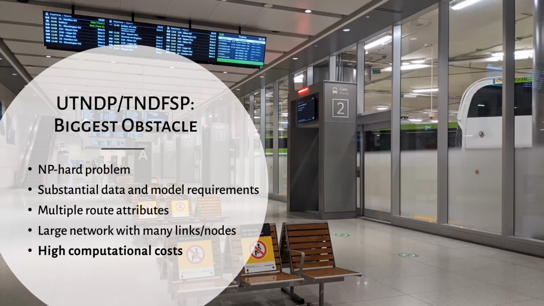Some of the big obstacles to solving what we call the UTNDP, that is the Urban Transit Network Design problem, and the TNDFSP, I'm sorry for all these acronyms, the Transit Network Design and Frequency Setting problem. I will just refer to it as the Transit Network Design problem from now on, just to make it easier. But some of the biggest obstacles: first, it is an NP-hard problem.